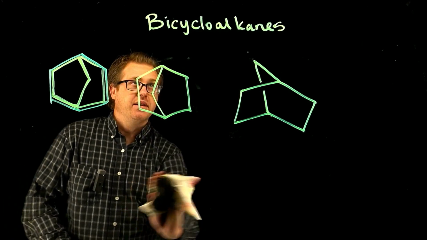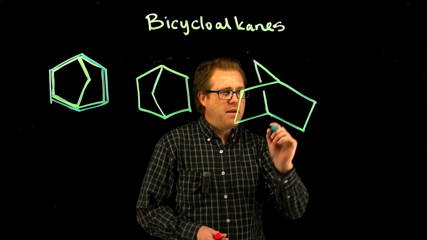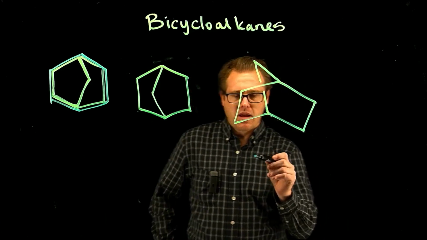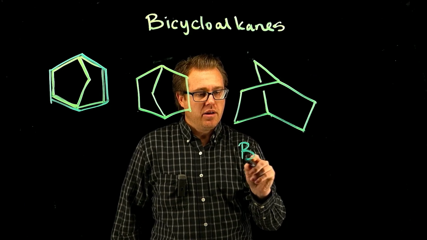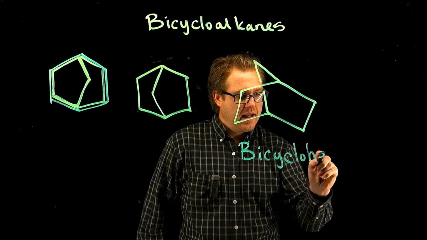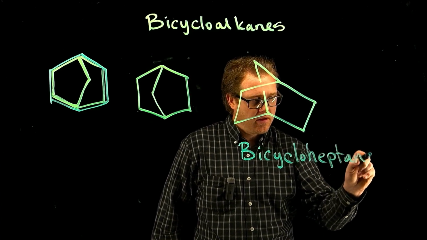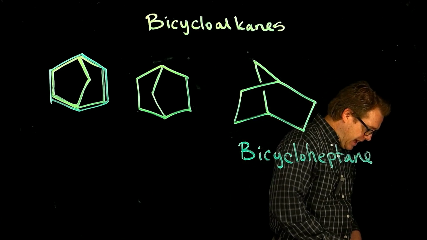Now let's talk about this bicycloalkane. What's the name of this? Well, it has 7 carbons, right? So we can call it a bicycloheptane, like that.